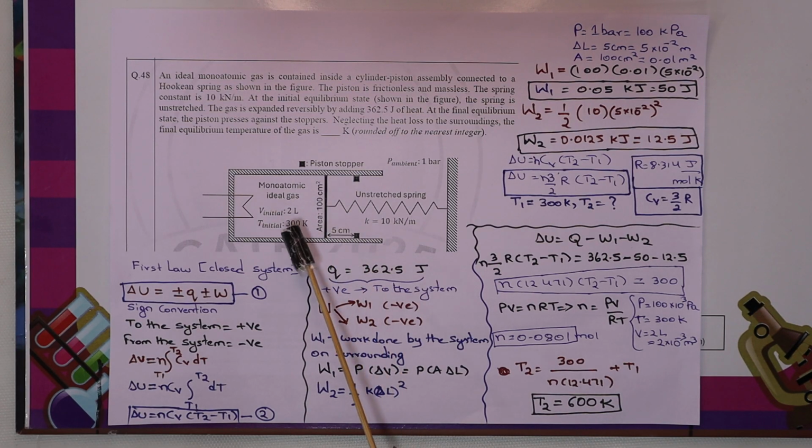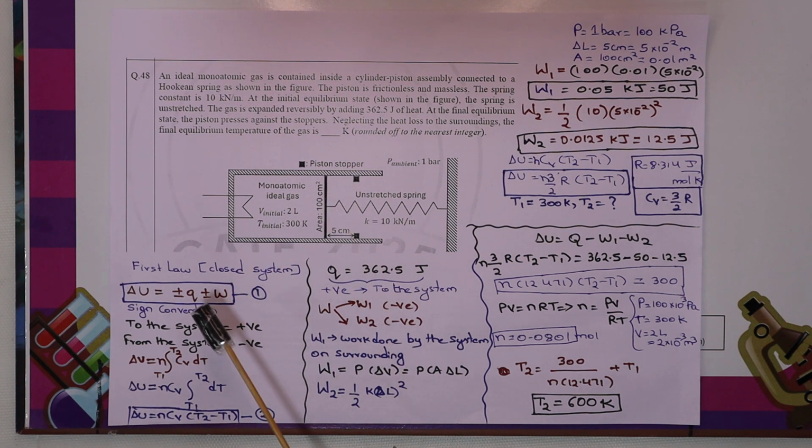Before and after, let us apply the first law. Because it is a closed system, a fixed gas contained in this cylinder which got expanded, let us apply the first law for a closed system. The change in internal energy from state 1 to state 2 is nothing but the heat supplied to the system or work supplied to the system, plus or minus Q and plus or minus W. When to use plus, when to use minus?